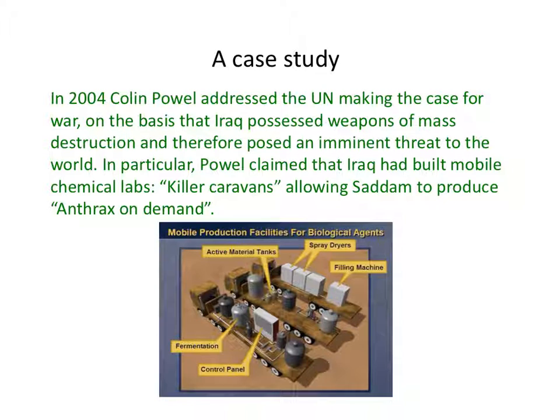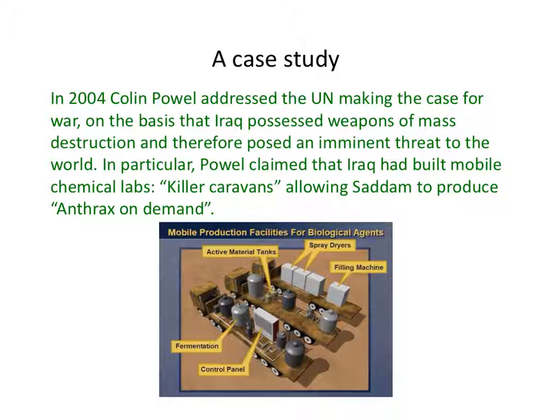They wanted other nations to help them, and so Colin Powell addressed the United Nations, making a case for why Iraq presented a global threat. And the claim was that Iraq possessed what became known as weapons of mass destruction, including chemical weapons, described by Powell as killer caravans, allowing Saddam Hussein to produce anthrax on demand.